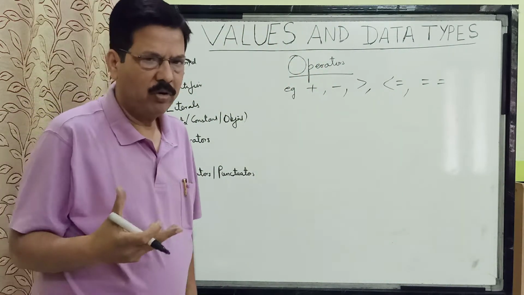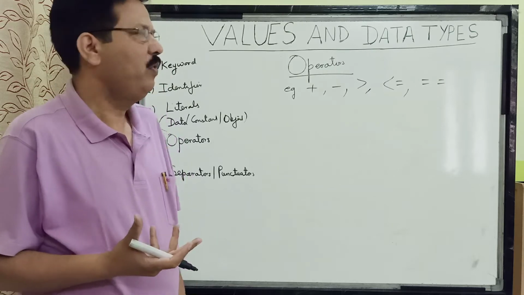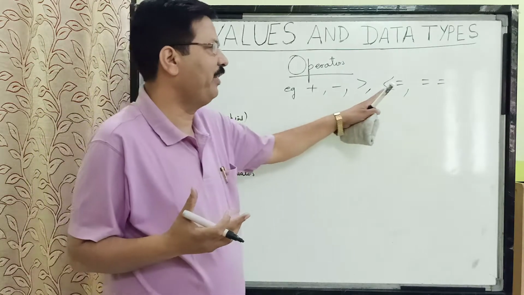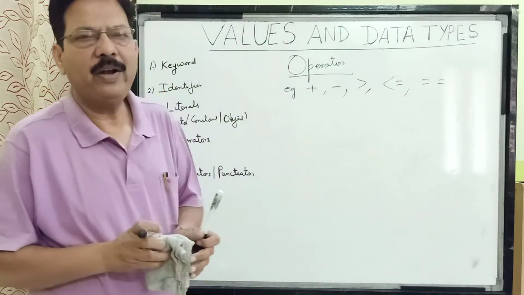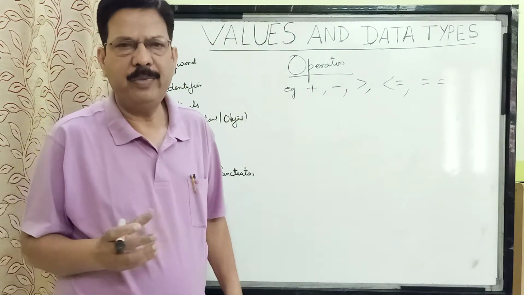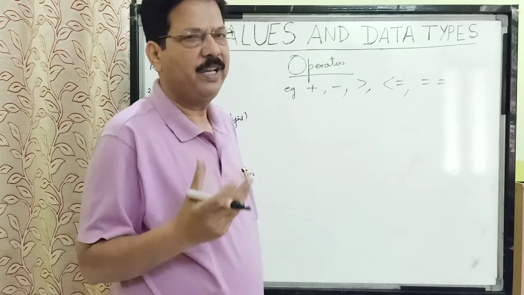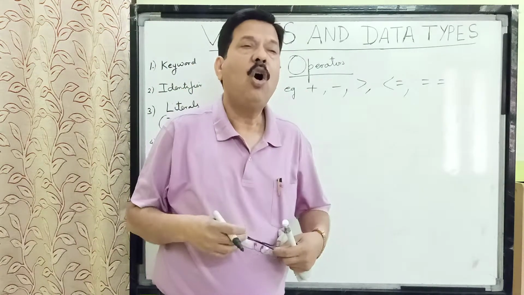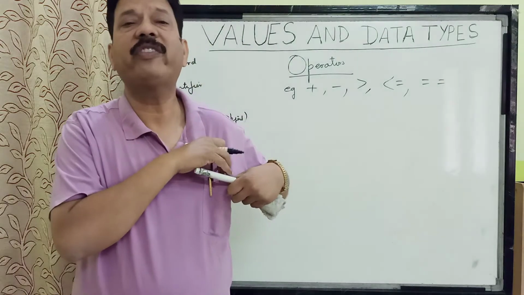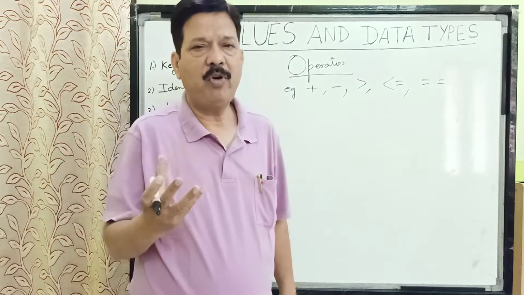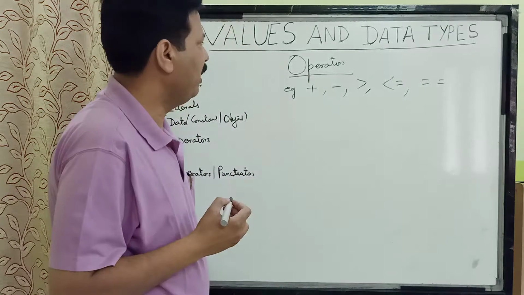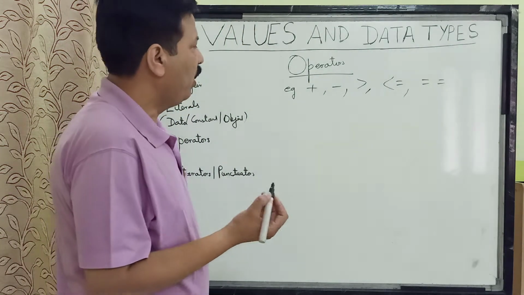So children, if you want to define operators, we say that operators are symbols or set of symbols which perform a specific task on their operands. Now children, what is an operand?